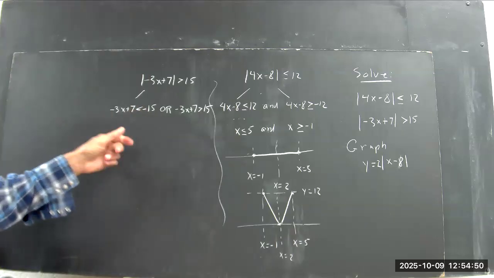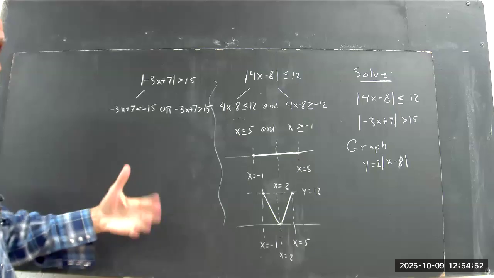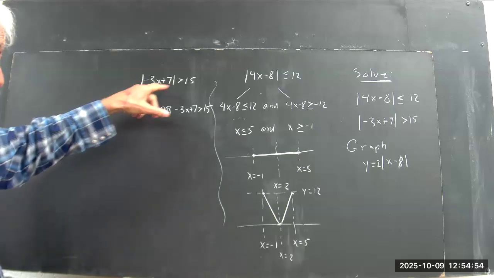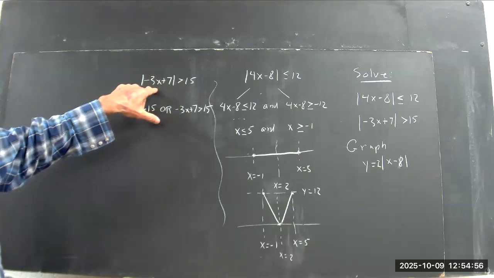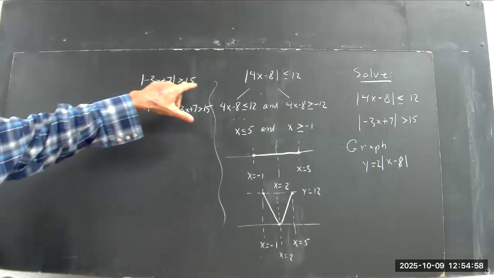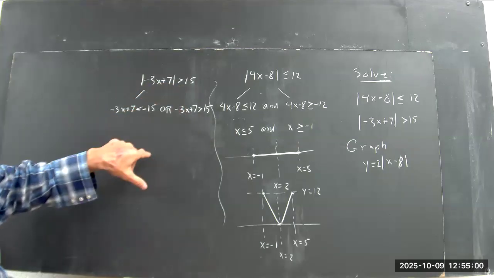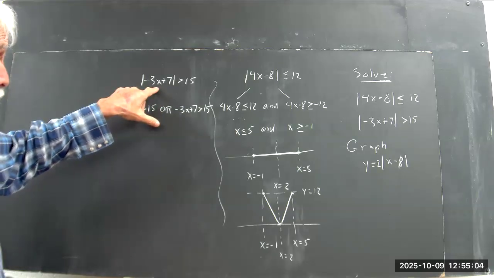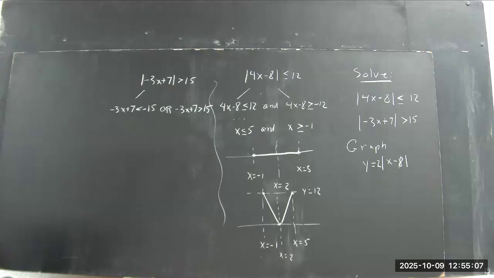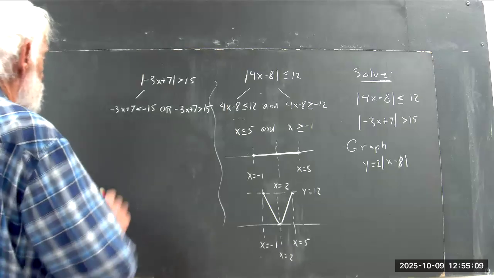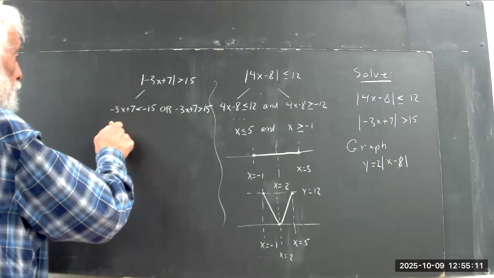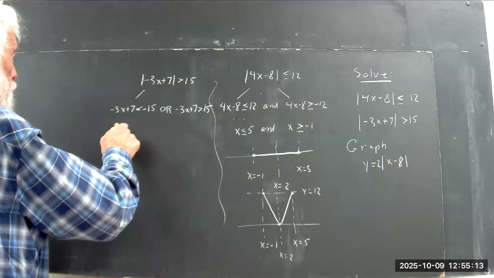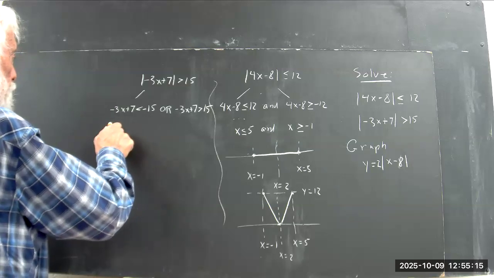If it's less than negative 15, that means it's like negative 16 or whatever. And if it was negative 16, the absolute value would be 16, and that is greater than 15. So you can kind of test that. And of course, if this thing is bigger than 15, its absolute value is bigger than 15. We solve this inequality. And I'll go ahead and solve this.